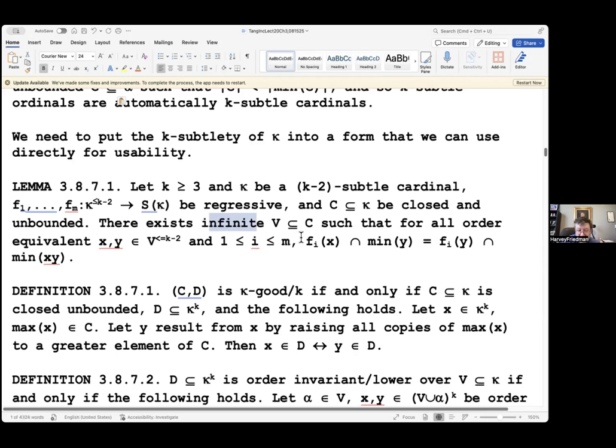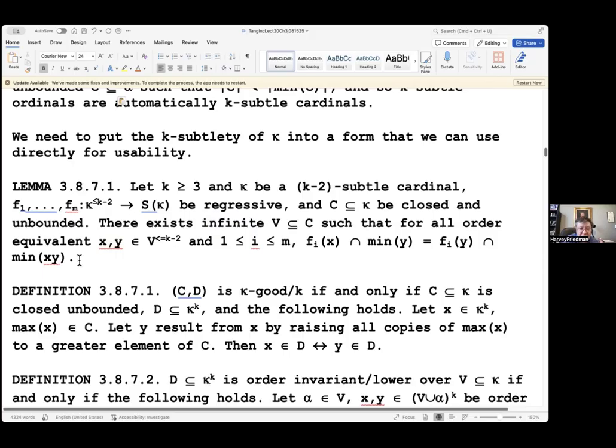I can get one of any cardinality less than kappa, but that's not important, as I told you. There's an infinite set V, which is like indiscernibles, meaning for any order equivalent X and Y in there, and for any one of the functions, we have the coherence.